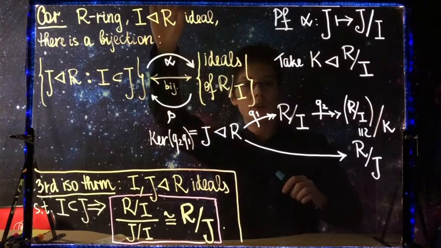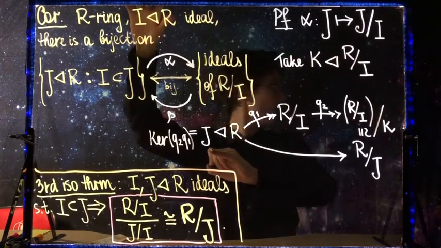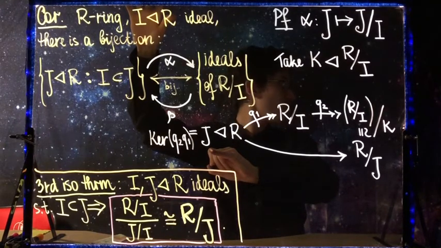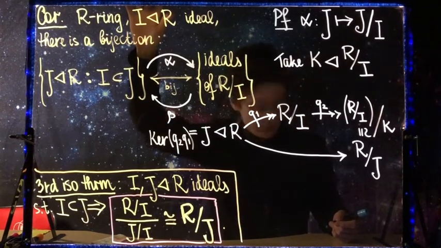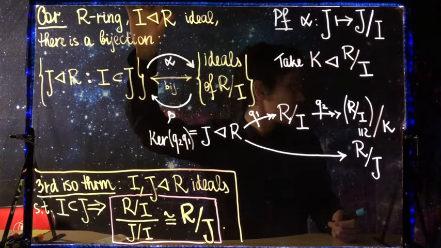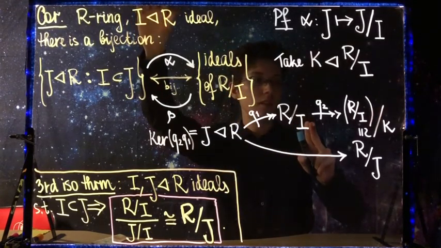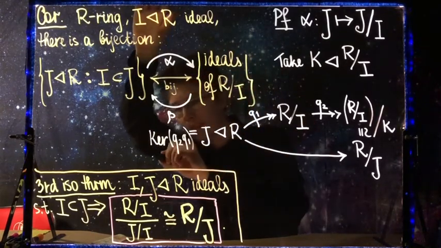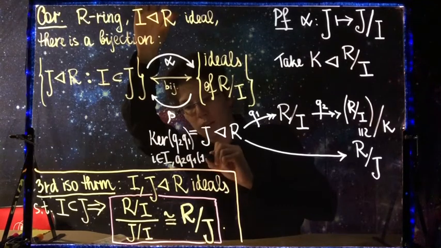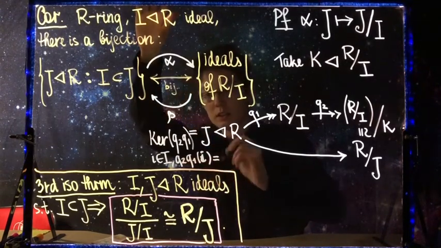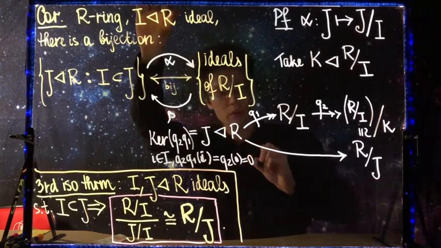But also note that J must be bigger than I, so J must contain I, because if we have an element in I, then Q2 Q1 of i is equal to Q2 of Q1 of i, but this is 0, so it is Q2 of 0, so this is 0.